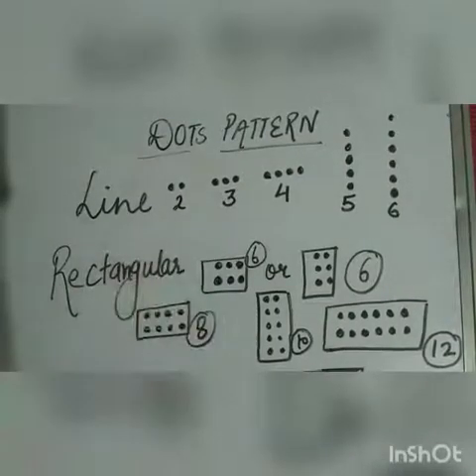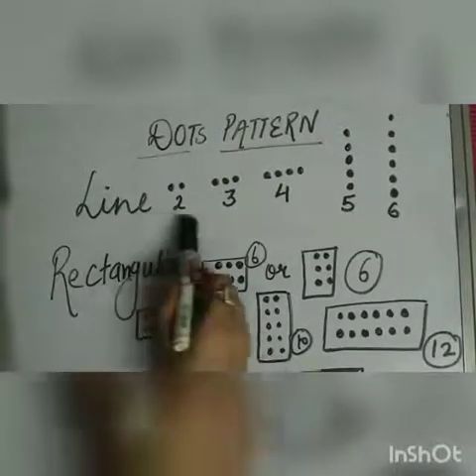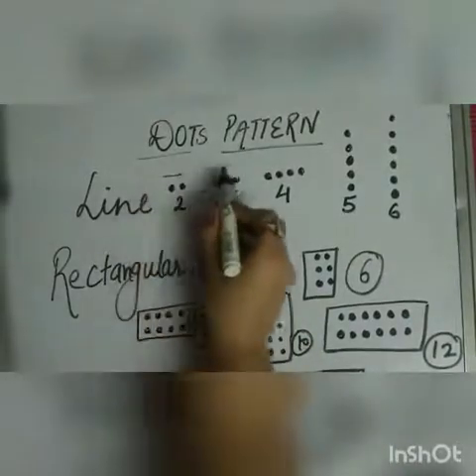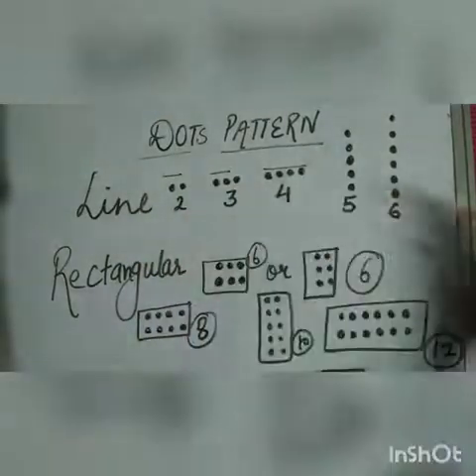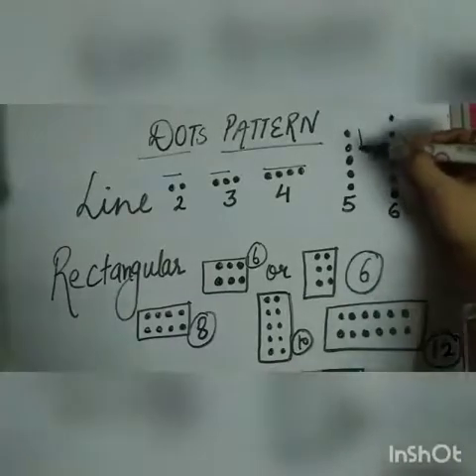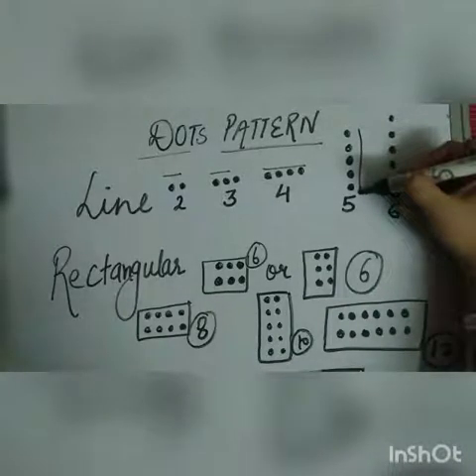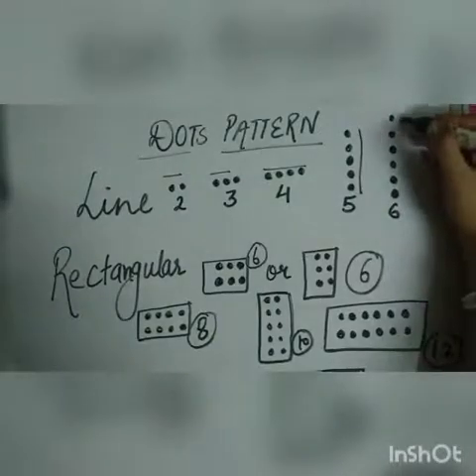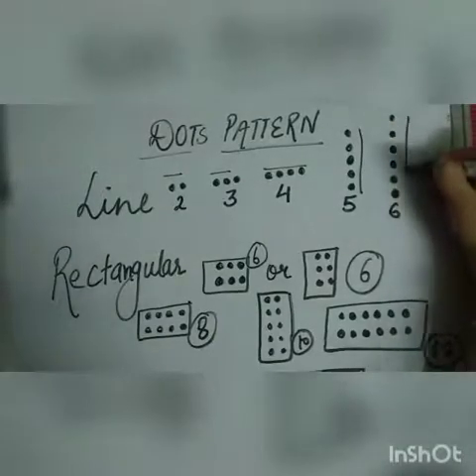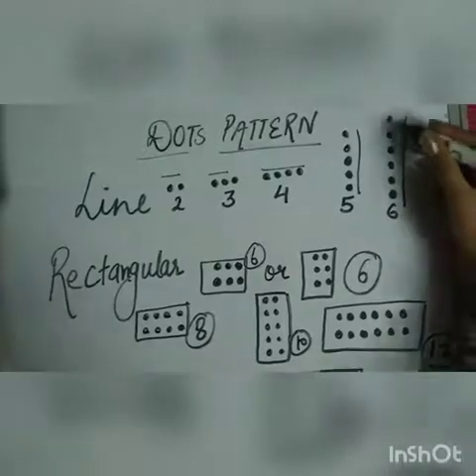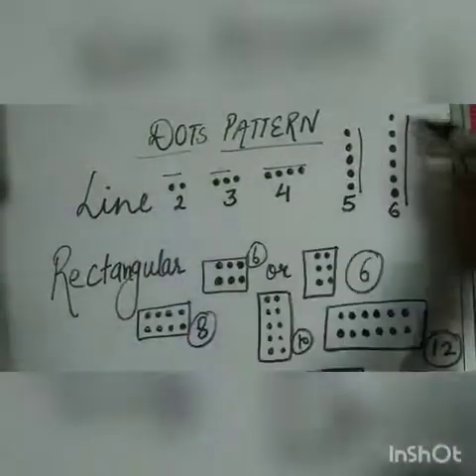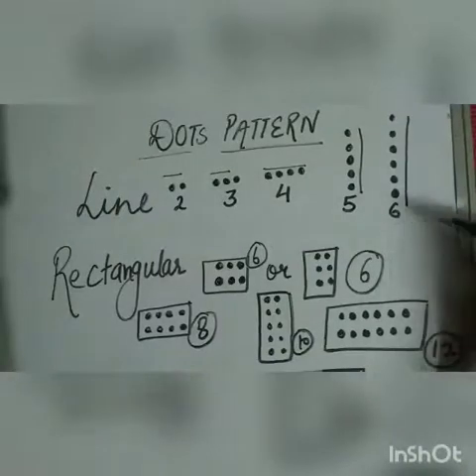Line pattern is said to exist when the points form a straight line. The number of dots in this straight line is 5. The number of dots in this straight line is 6. The line can be horizontal or it can be a vertical line.